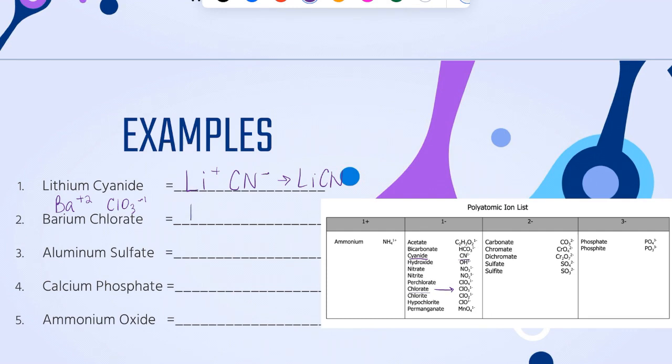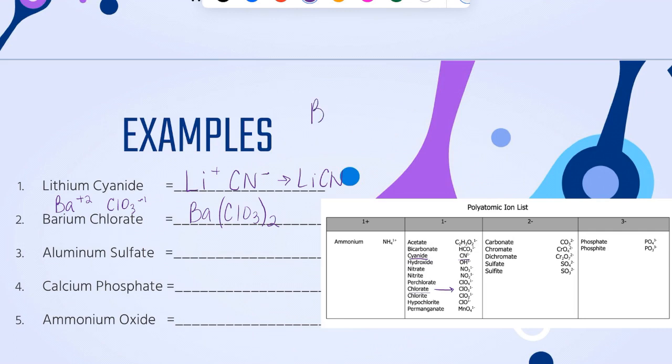So in order to write that, we'll write Ba, and we don't write the subscript 1, and then we'll write ClO3. But before we put that subscript 2 on it, we need to put parentheses around the polyatomic ion and the 2 outside the parentheses. This is so we communicate that we need 2 chlorates.